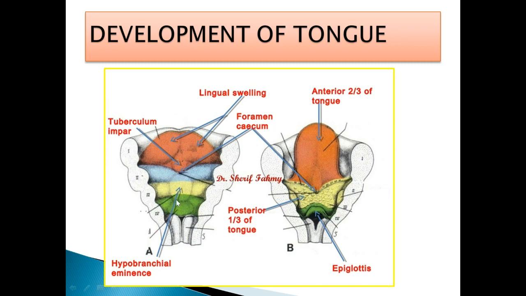That swelling is called the hypobranchial eminence. It will be divided into two parts, ventral and dorsal. The ventral part forms the posterior one-third of the tongue. The dorsal part forms the epiglottis. So these are the two derivatives of the hypobranchial eminence, the posterior one-third of the tongue and the epiglottis.